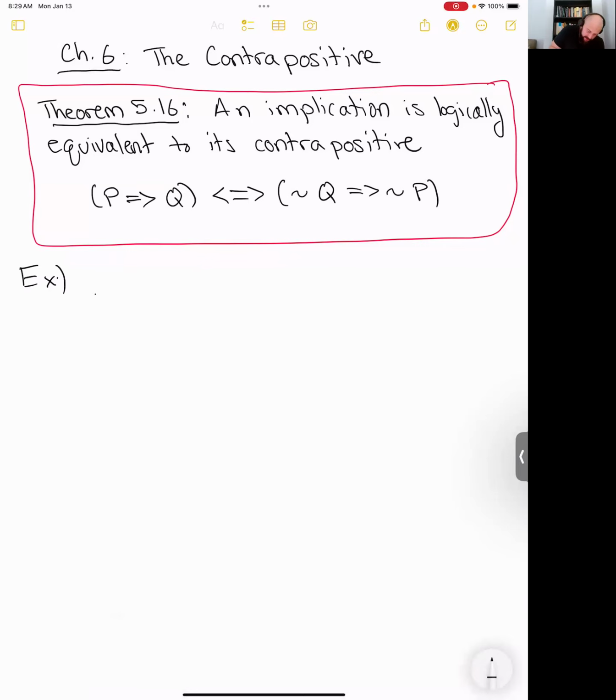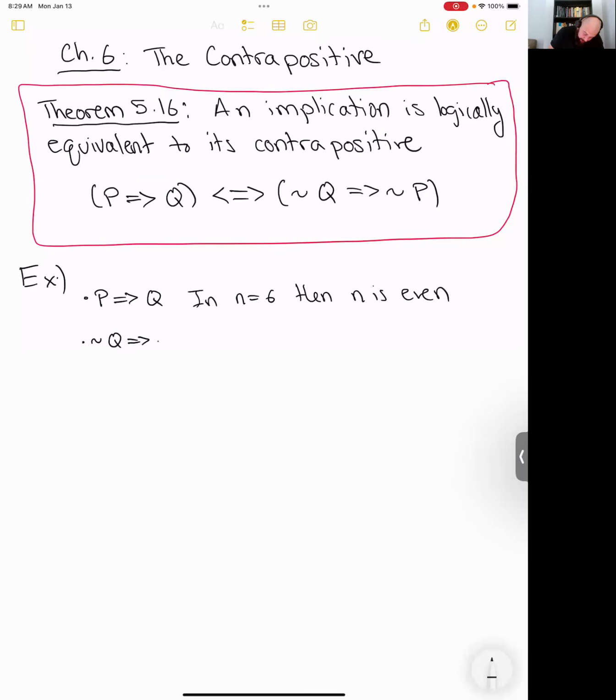So let's say that for the first example, P implies Q is the statement if n equals 6, then n is even. We know that that's true, so we should see the contrapositive also being true.